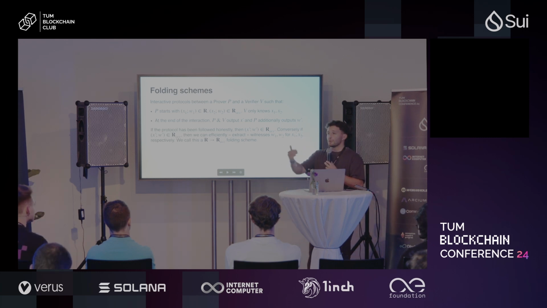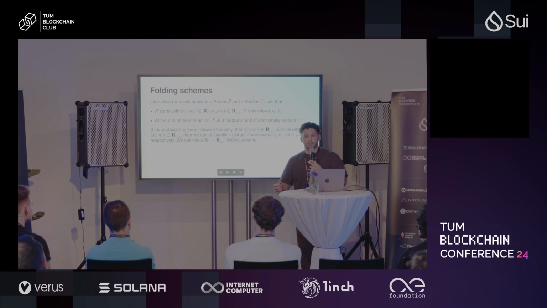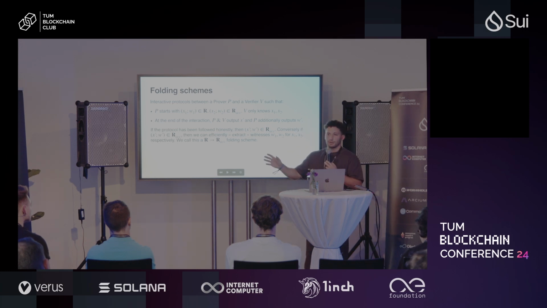If you follow the protocol honestly, then the instance witness pair you get in the end must be in the relation. That sounds reasonable. Conversely, if the instance witness pair is in the accumulated relation in the end, you can run an efficient algorithm which is going to extract witnesses for these instances such that the pairs are in the relations. This is what we call an R to R accumulated folding scheme.